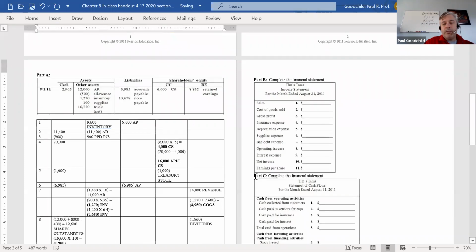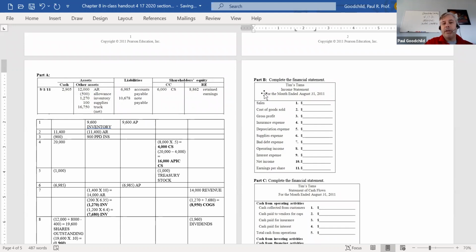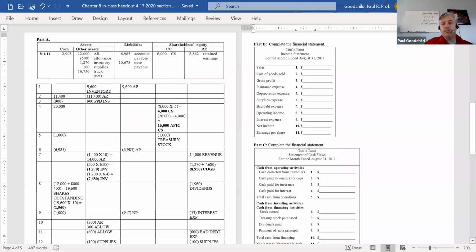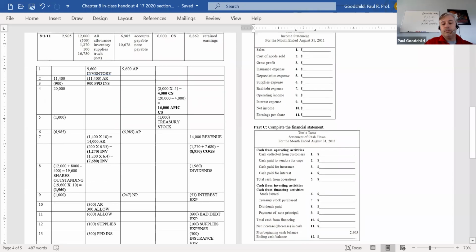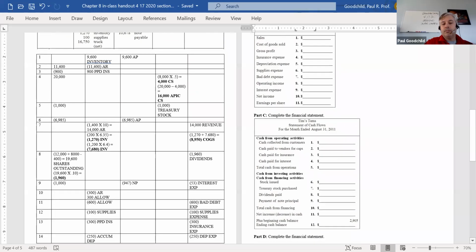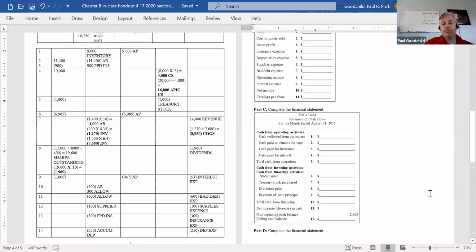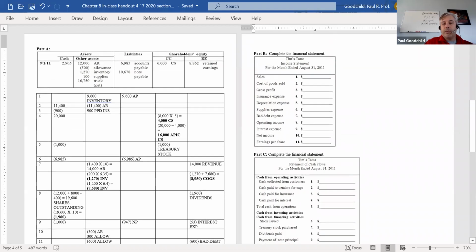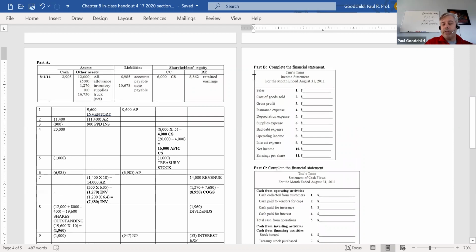And I'll ask you to complete part B and type your answer in the chat. Just want to drop part B down so you guys can see all of it.